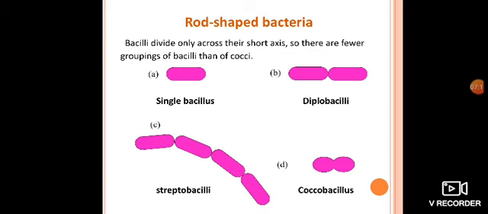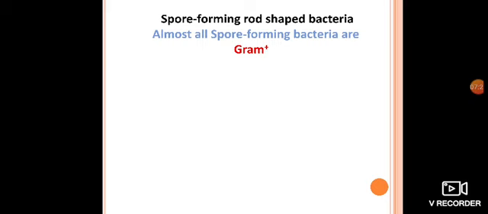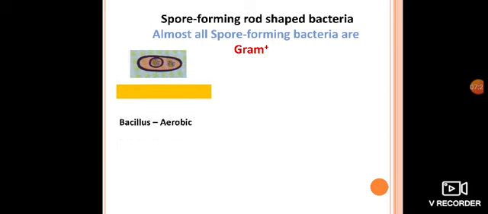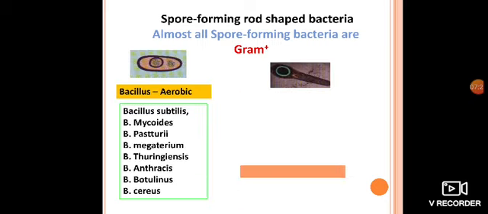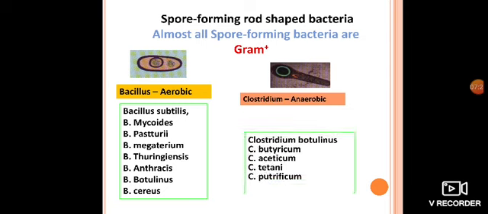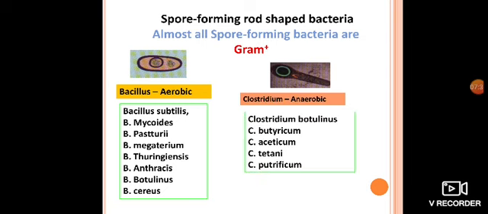Already we know the single bacilli, then diplobacilli, streptobacilli and coccobacillus. Now we have different types of examples in gram positive and gram negative bacteria.